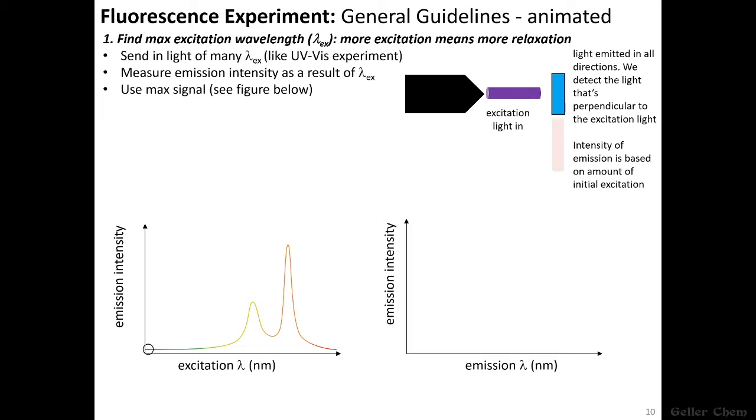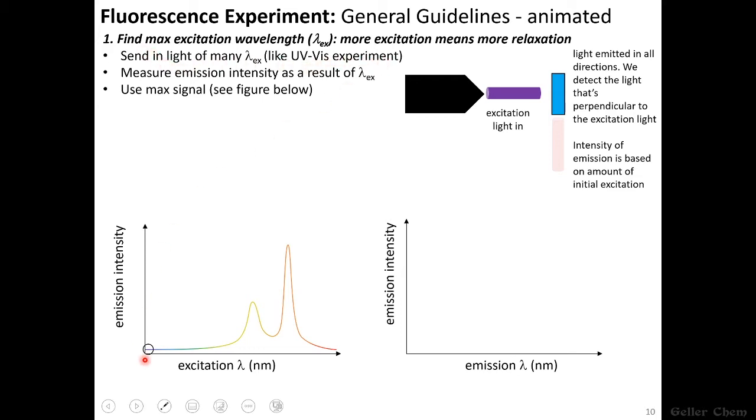And the first part doesn't even involve tracking fluorescent light. It's all about figuring out what light we should send in the first place to excite the sample. Because if we can't excite the sample, then it can't relax, in which case there is no emission. And so the first thing we do is very similar to a UV-Vis experiment.